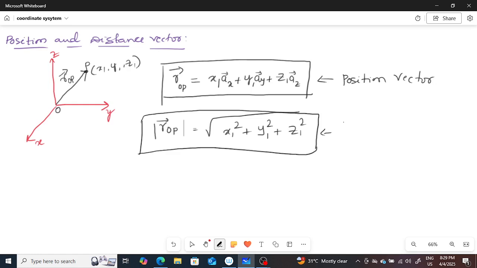This is the magnitude of the vector. This is when one point is given.